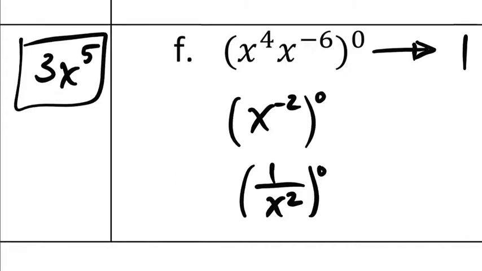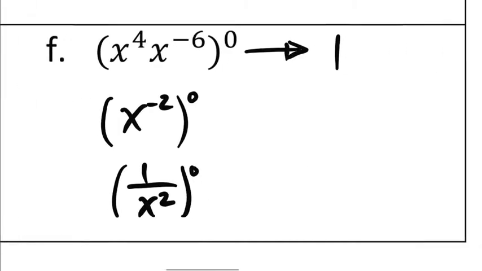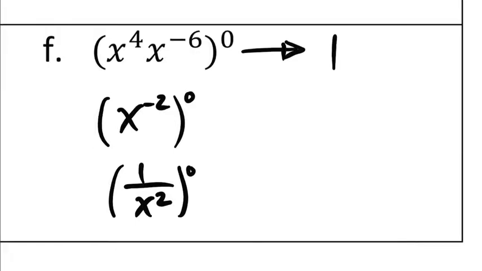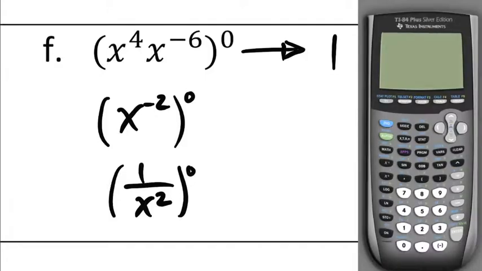And I say that and I realize, well, there's actually an important exception to that. So if I was to look at my graphing calculator, I'll do open parentheses, negative 33695. If I raise that to the 0 power, it's going to give me the number 1.